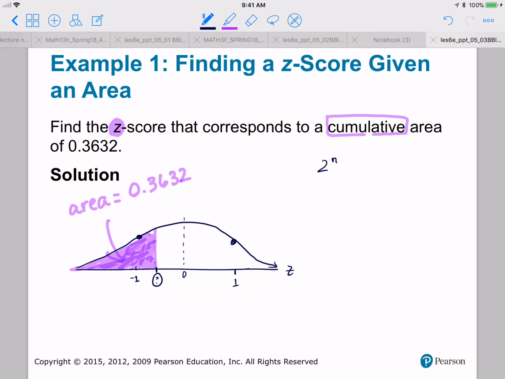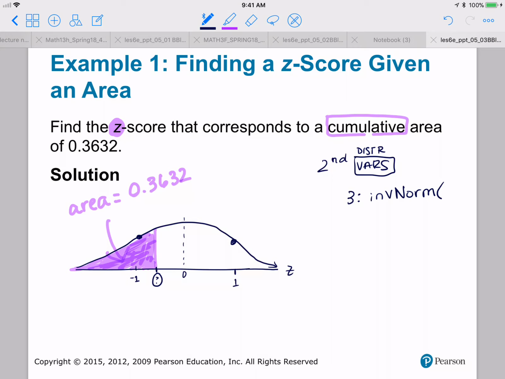So we want second, we want vars, and on top will be DISTR for distribution. You click that. Now go to inverse norm, number 3, because what we're doing is we need the inverse of the normal CDF.